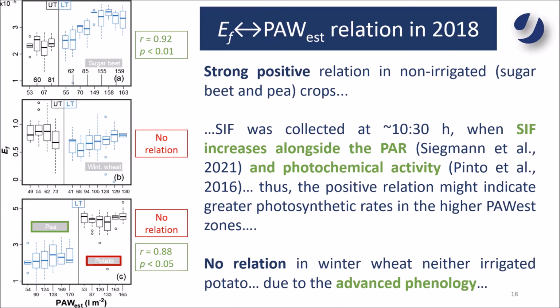Therefore, we think that this may indicate greater photosynthetic rates in the zones where the soil had more water available for plants. And we did not find a relation in winter wheat, nor in the irrigated potato field.